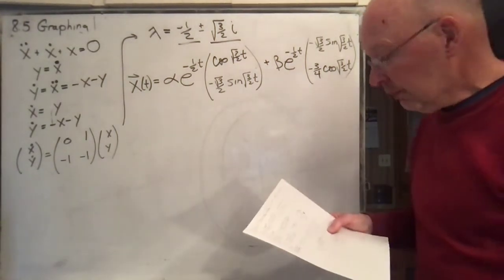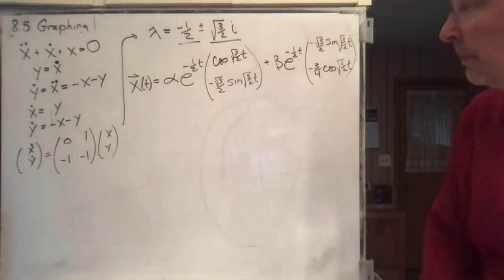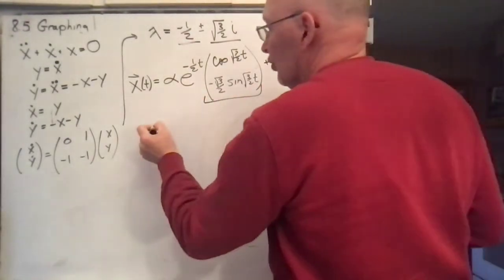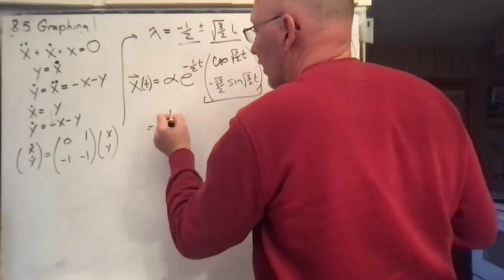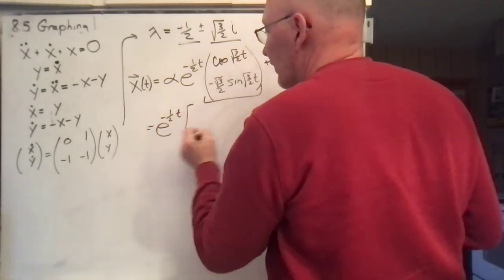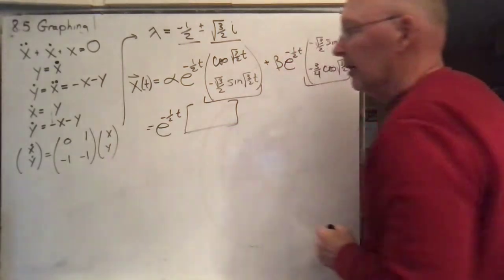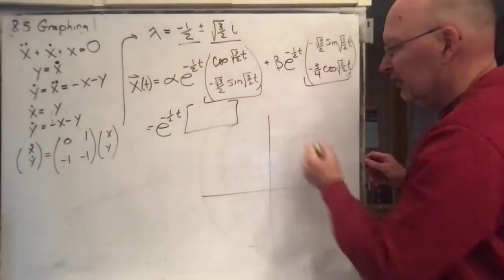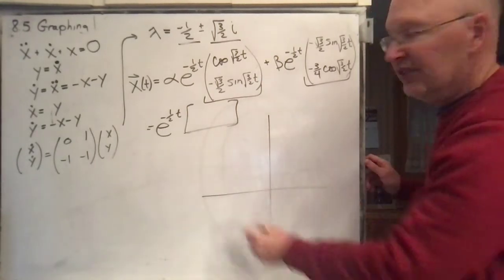So what does this solution look like? If you wanted to, you could basically factor this part off, and then you've got the same solution that you had before. That same solution gives you this oval, this ellipse.